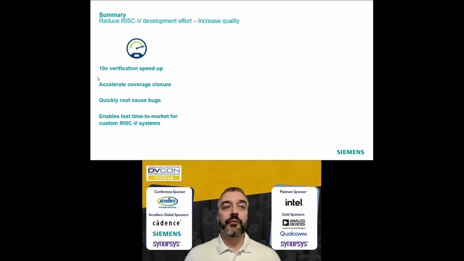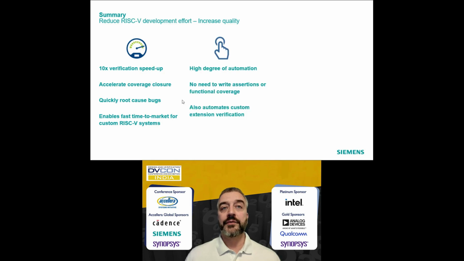You can use the formal side of things to accelerate your coverage closure, because of course your overall system will have a simulation-based verification plan and coverage tracking. And on the formal side, you have a quick root causing of bugs, which gives you early bugs and quick turnaround times on bugs. In this way, it's really a key element in enabling your short time to market for a custom RISC-V system. It comes with this high degree of automation.